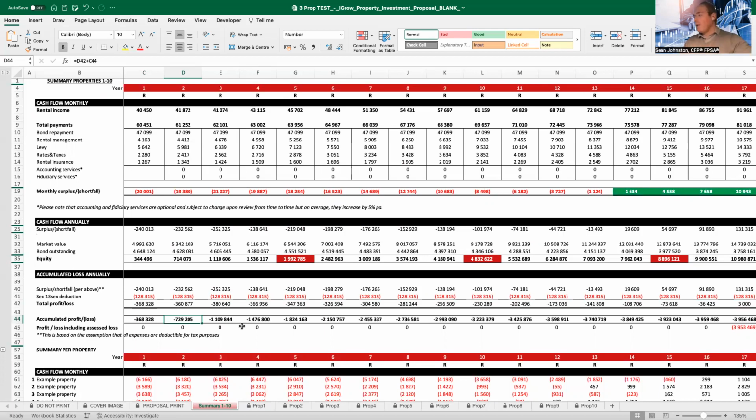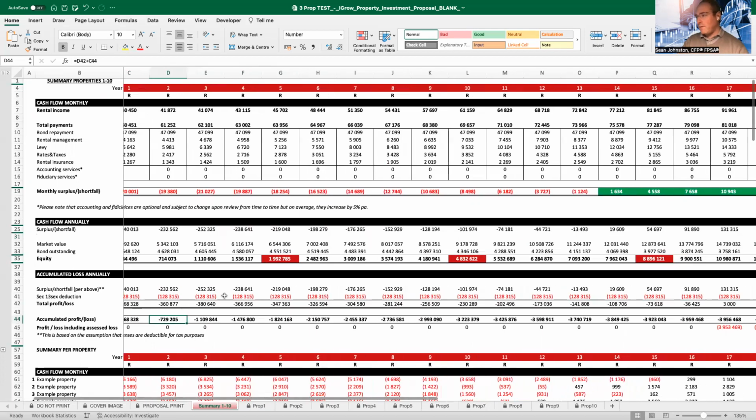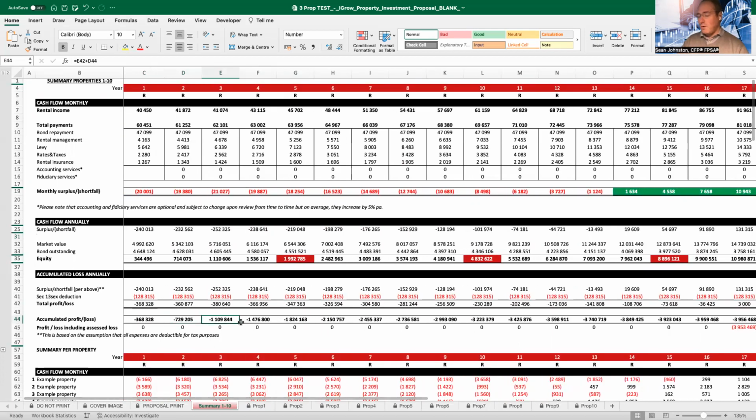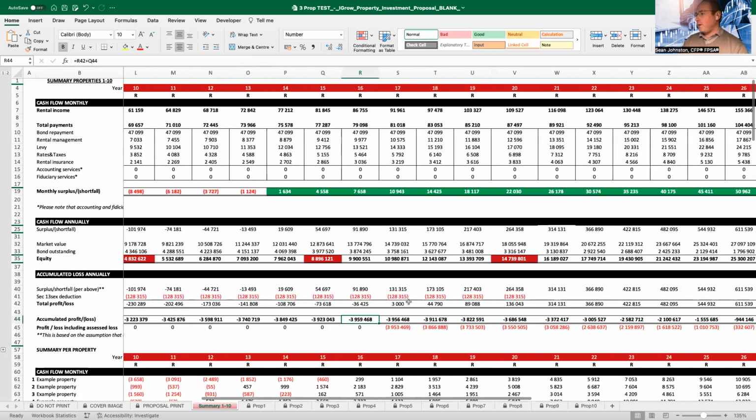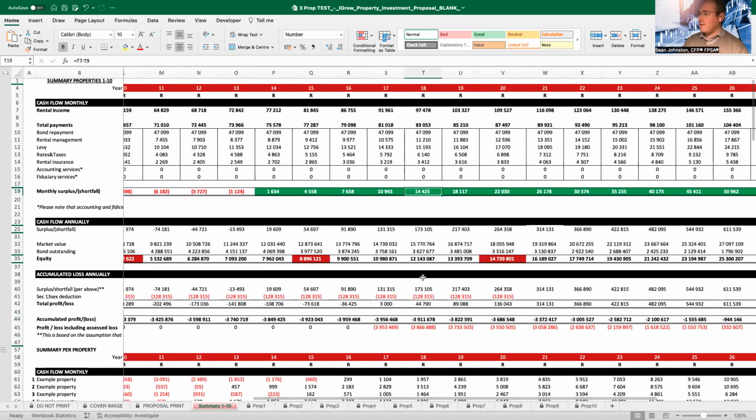729,205. So now if you roll this over, applying the Section 13(6), you are now increasing your accumulated losses over time to the point where you will get a profit that exceeds the Section 13 allowance, which in this case is 128,315.